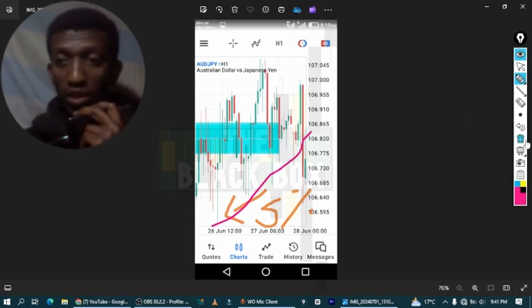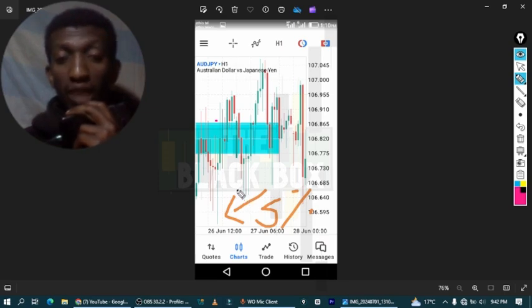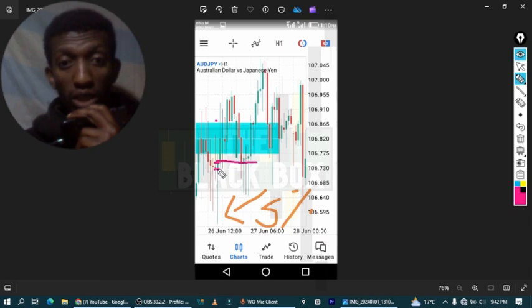So what happened right here? That's a buy. I am using the third model because of this lower time frame black box. When you extend it further, this is where price mostly reacts.